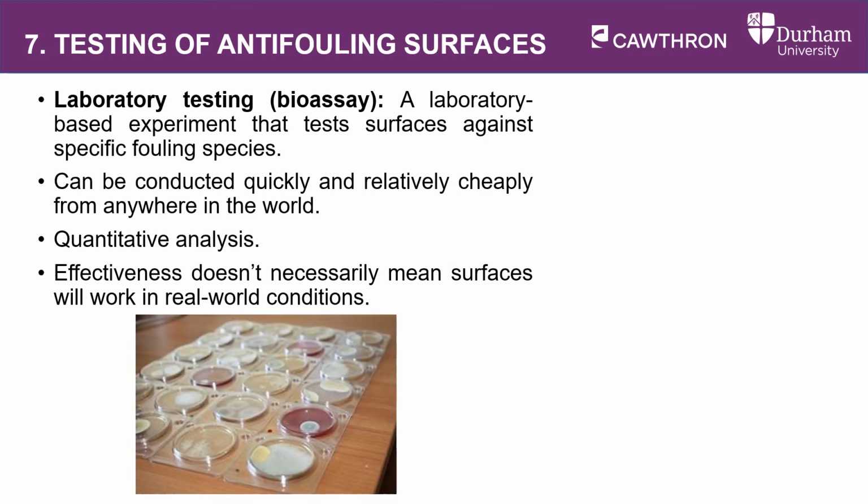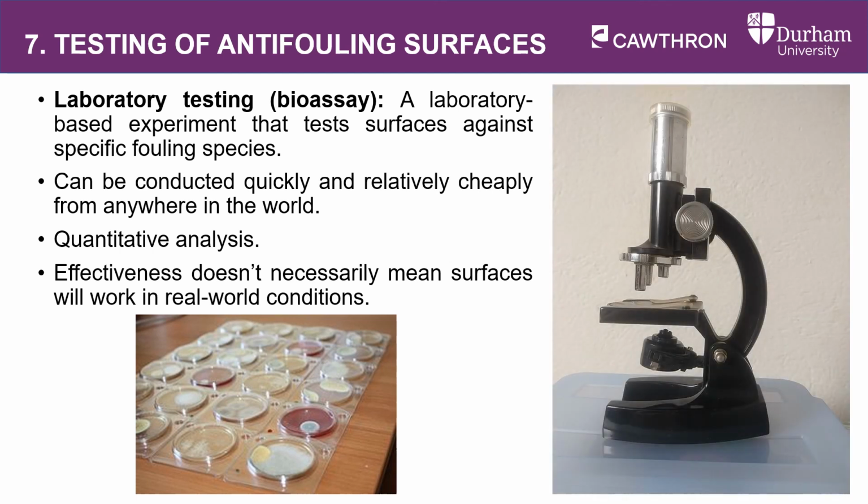They can also be conducted cheaply and from anywhere in the world, even far from the ocean or natural water, as long as the right equipment is available. However, as laboratory-based anti-fouling studies only test surfaces using a small number of species, the effectiveness of these studies doesn't necessarily translate into the anti-fouling properties in real-world conditions.